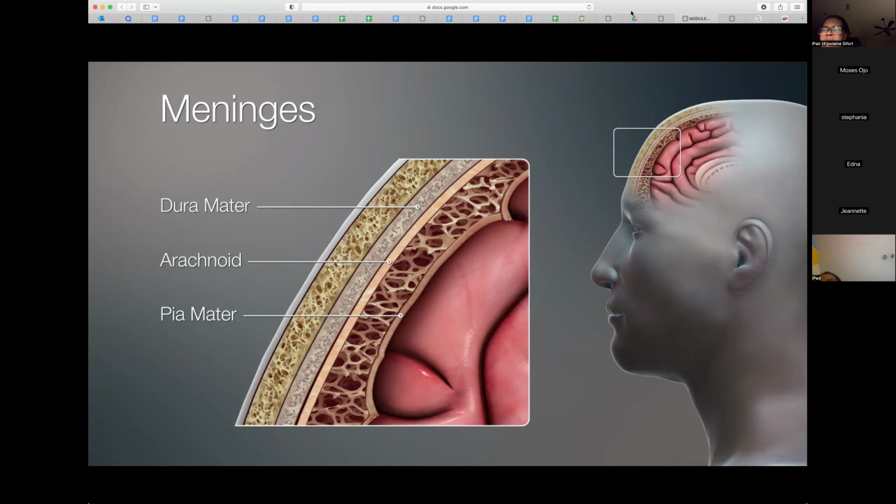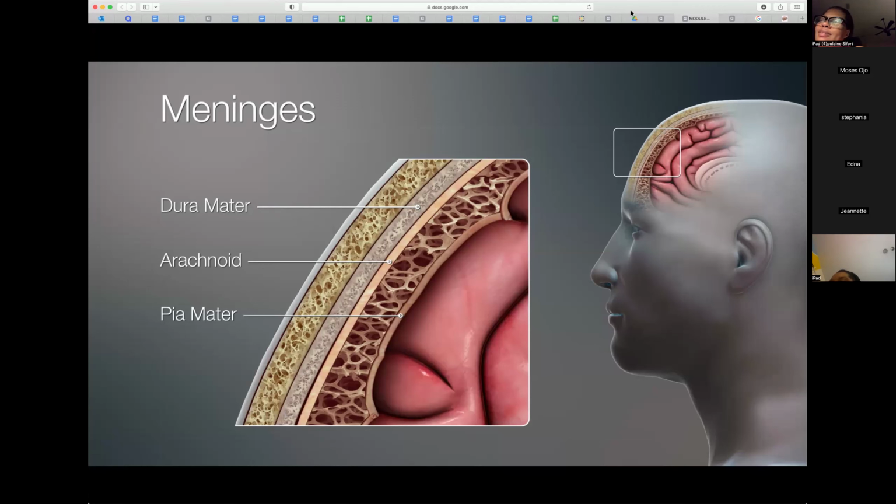So like medical terminology, what does dura mean? When something is durable, what does that mean? Something that lasts for a while, very good. Something tough.